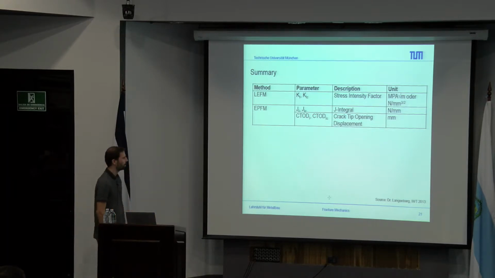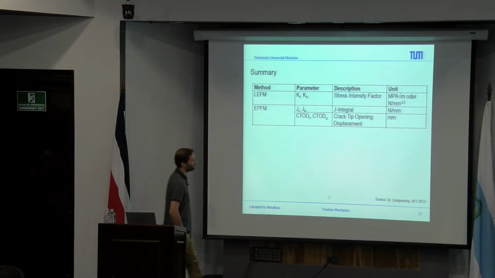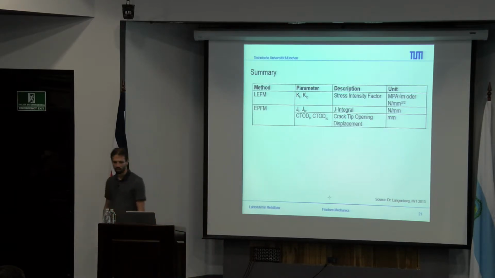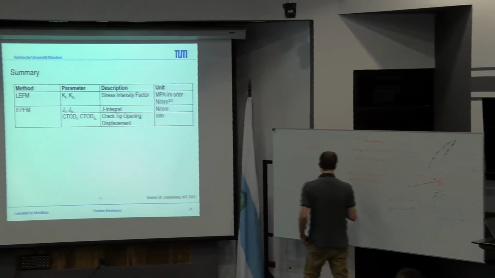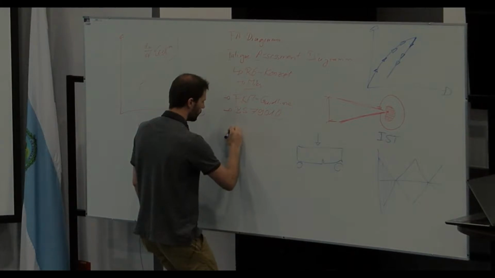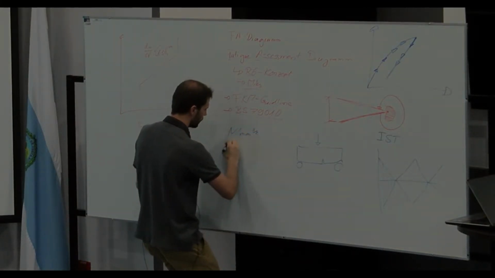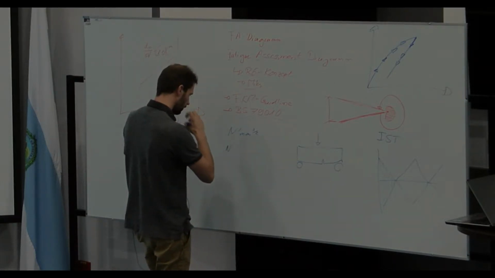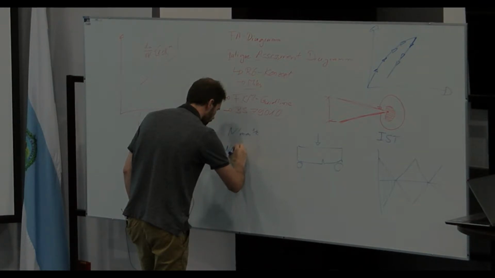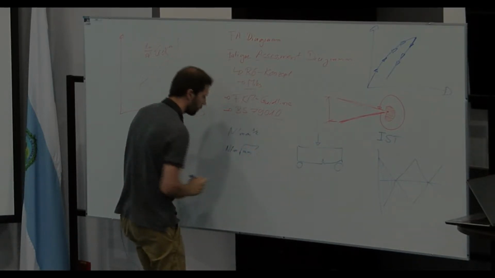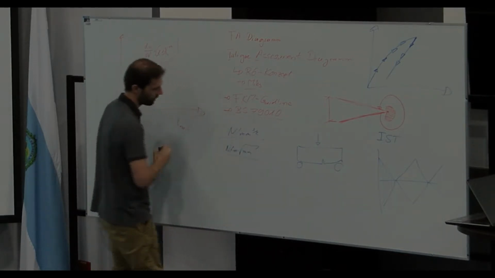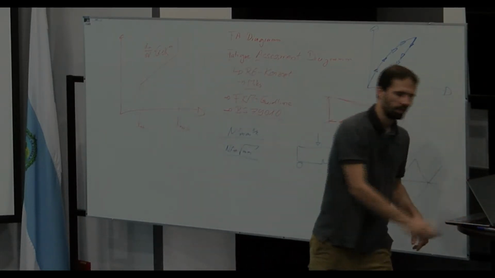So, just description, parameters, and the units. The K has a quite interesting unit, because it is here newtons per millimeter to the power 3/2. So if you go, for example, into literature, sometimes you have different definitions. Just do not be scared if there is some different definition of the units.